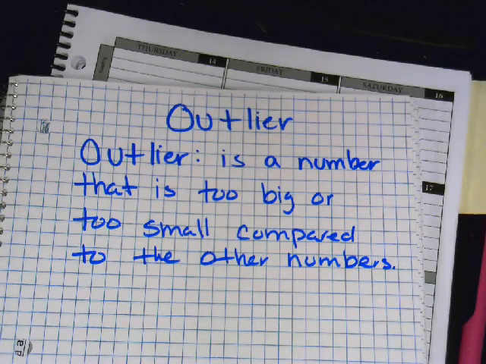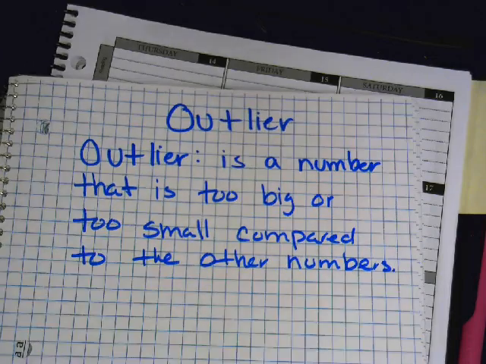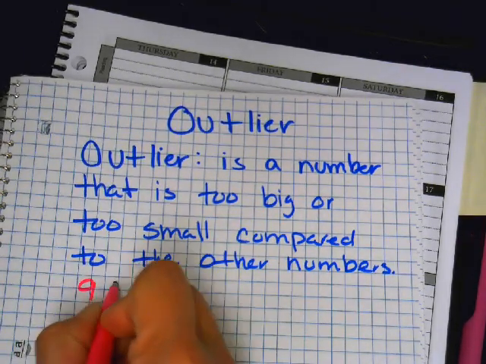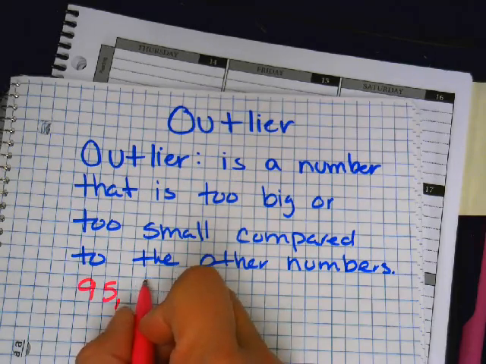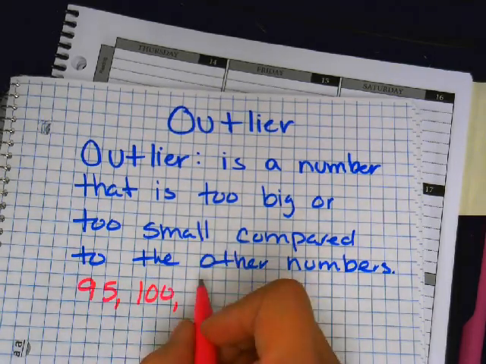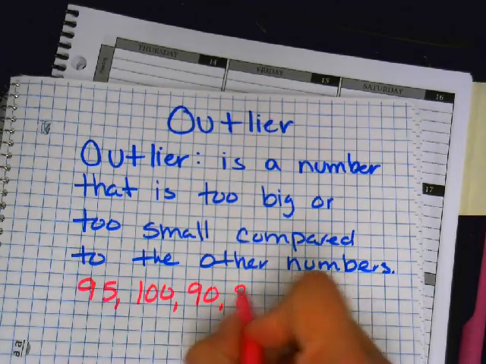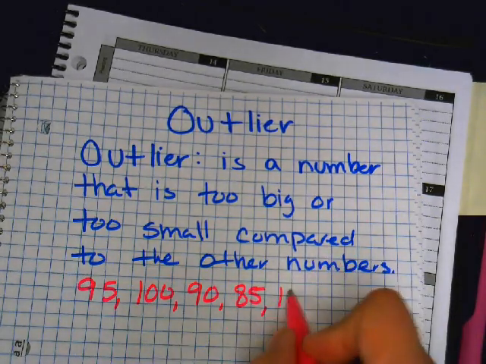Or, like, let's say your test scores on the first test, that's going to happen next week, you get a 95. And then the following week, you get a score of 100. And then the next week, you get a score of 90. And then the following week, you score an 85. And then you score another 100.